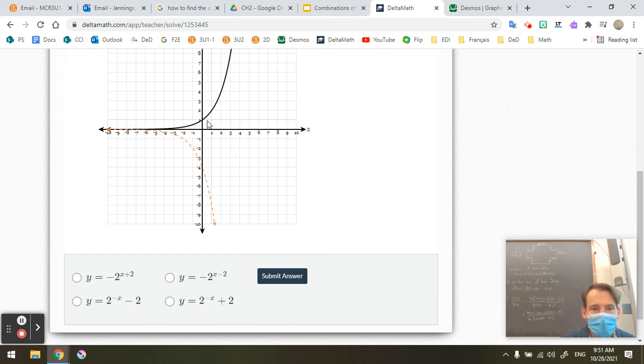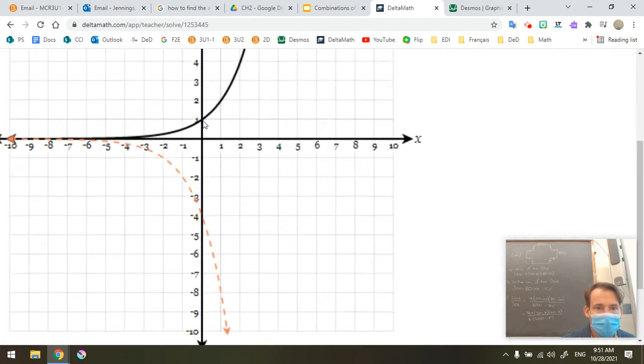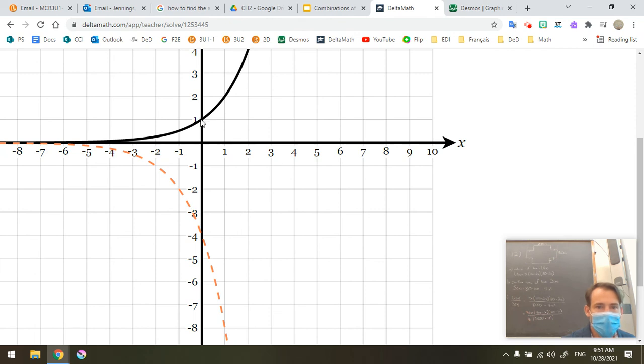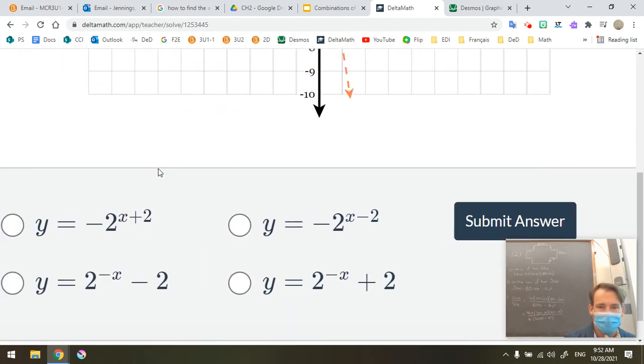And I can also say that this point (1, 0) has been translated over here to -2. See this point here, if I zoom in, the point (0, 1), if I flipped it, it would be down here. So it looks like I need a vertical flip, but then I move it over here by 2. So that's one way to create this. So I have made it negative, and I have translated it 2 to the left. So it's going to be this one here.